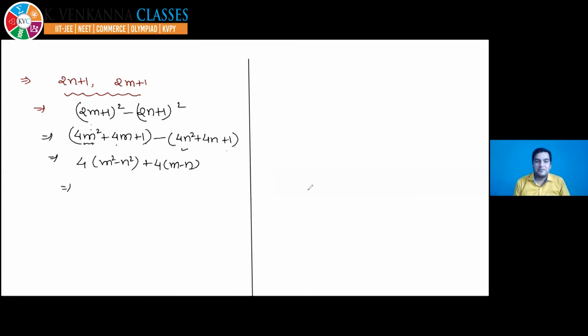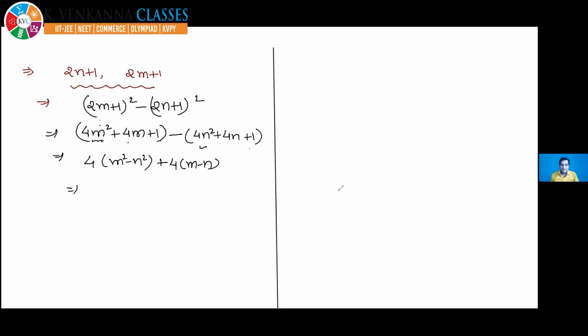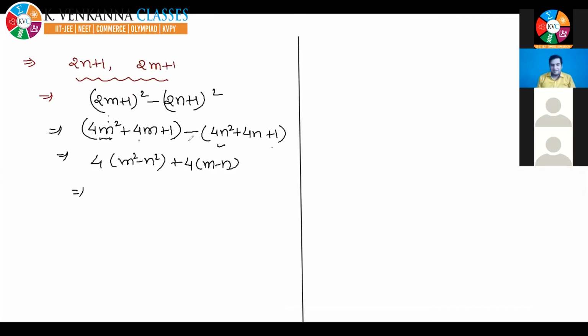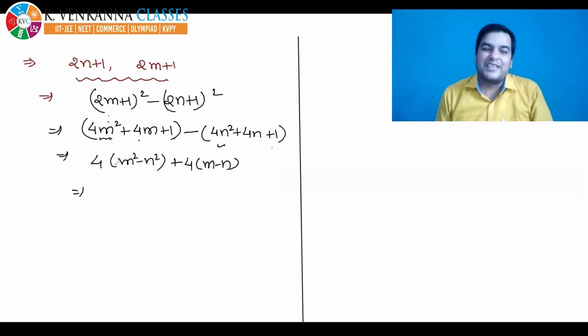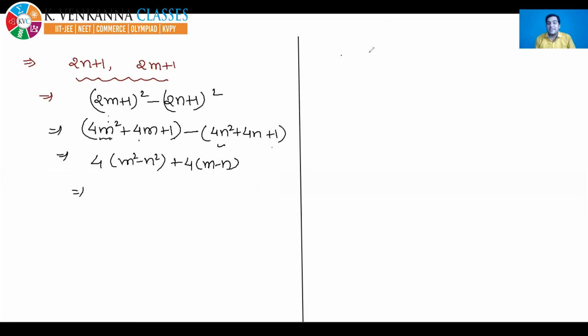Now, I will not take the name, but one student has multiplied here by 2. How can you multiply anything by 2? If there is an equation, suppose x equals y, then you can multiply both sides by 2.